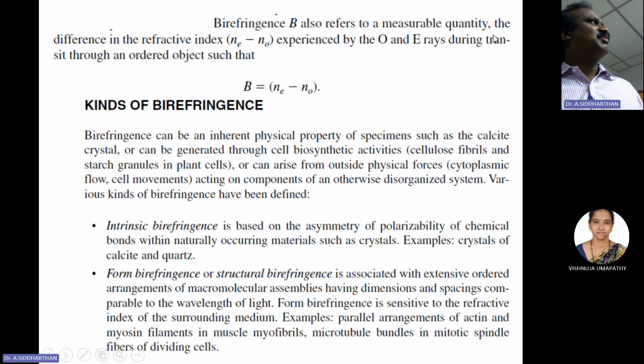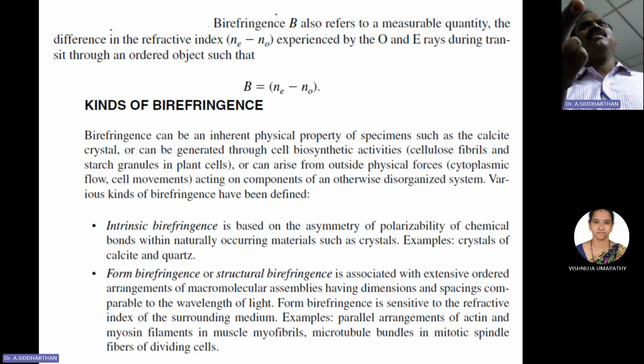Birefringence refers to a measurable quantity, the difference between the refractive index for one set of rays and the refractive index for another set of rays. What is refractive index? How are refractive index and speed related? Yeah, so c by n is your velocity.